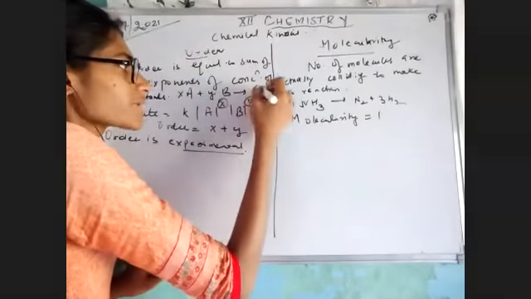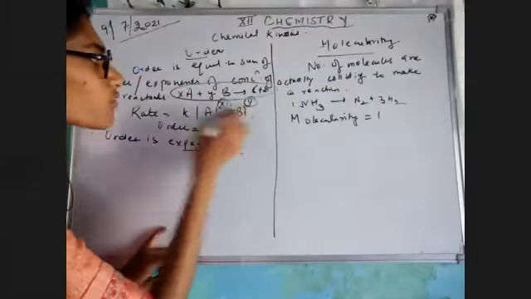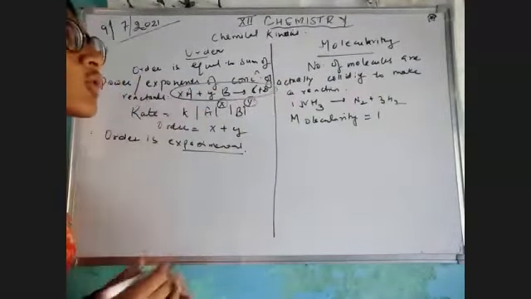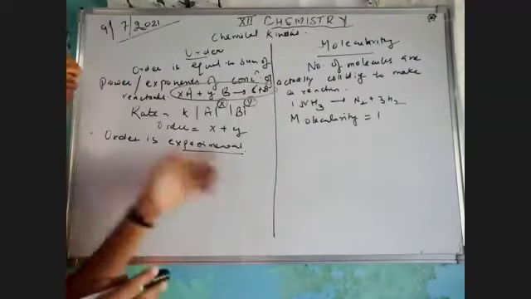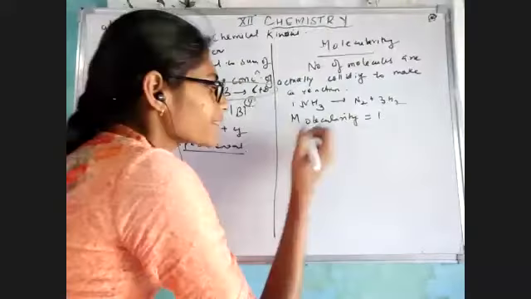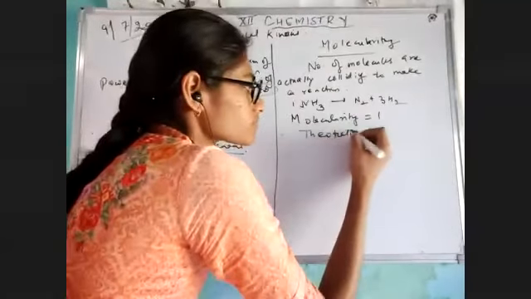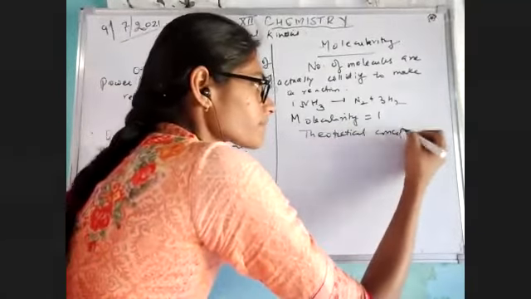Suppose this is my complete reaction; x and y could be equal to these coefficients or not. That's why order is an experimental concept, rather than molecularity, which is totally a theoretical concept. Clear, children?